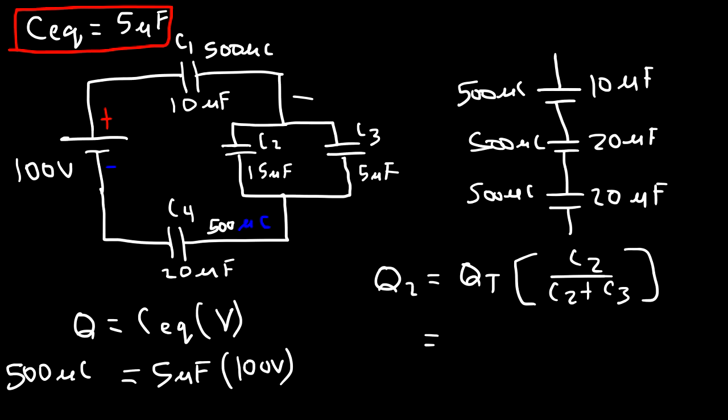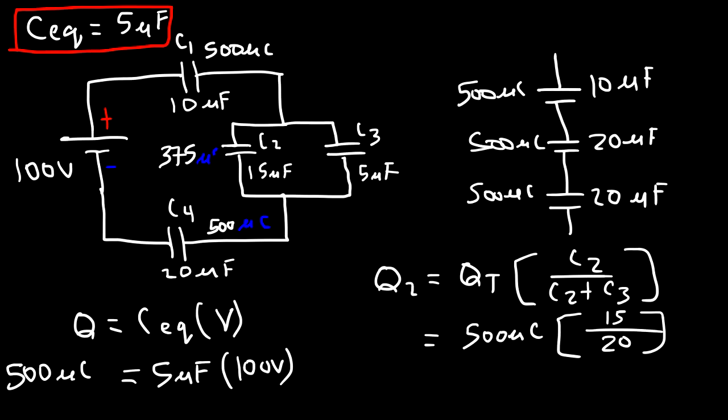So the total charge of these two capacitors is 500 microcoulombs. Now C2 is 15 microfarads, and C2 plus C3, that's 15 plus 5, which is 20 microfarads. So it's going to be 500 times 15 over 20. And so the charge on C2 is 375 microcoulombs.